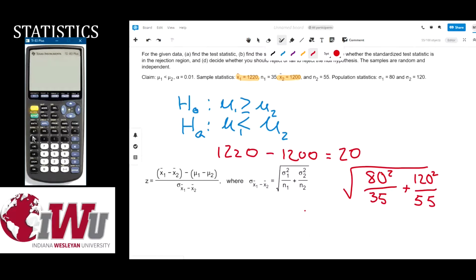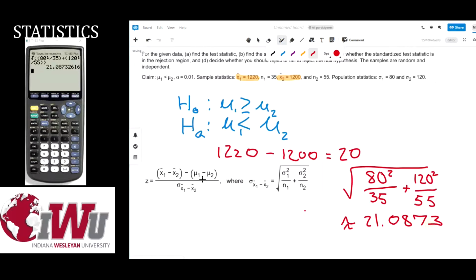We group in symbols: 80 squared divided by 35, group in symbol, plus 120 squared divided by 55. And there we go. It's about 21.0873.